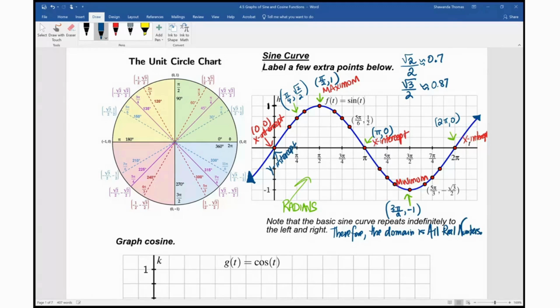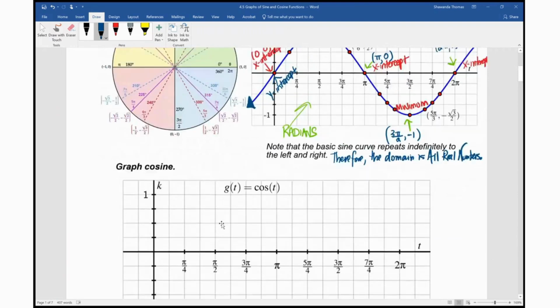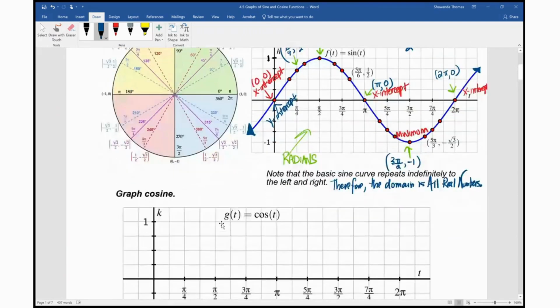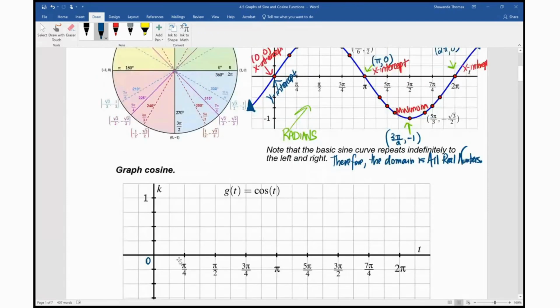All right, so I gave you that curve, and we're going to graph the cosine curve ourselves, based on what we know about the unit circle. First of all, let's start with 0. Cosine of 0 is what?